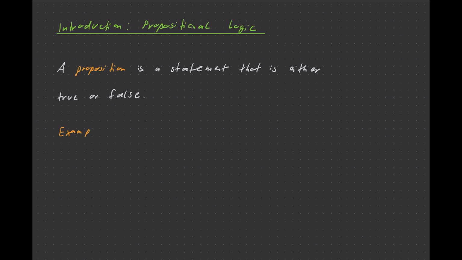Let's quickly see a few examples. One possible statement that is true or false would be something like, every real number is positive. Now that is a statement that we can assign a truth value to, and of course you know that there are negative real numbers as well, so that would be an example for a statement that is false.